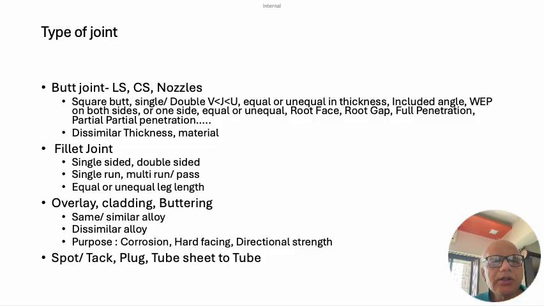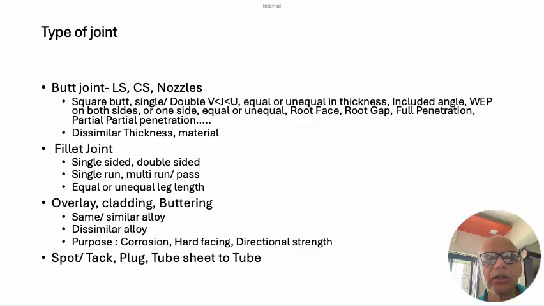So there are butt joints, the square butt joint, which is the simple one where there is no edge preparation. You just cut the plate at right angles to the surface and bring it together with whatever the specification is, that means either a zero gap or with some gap, and then with backup or without backup.